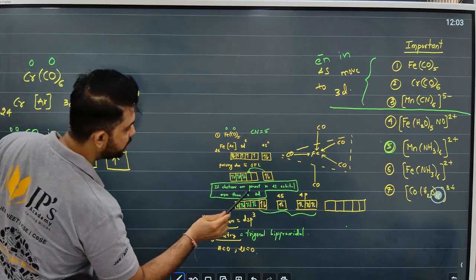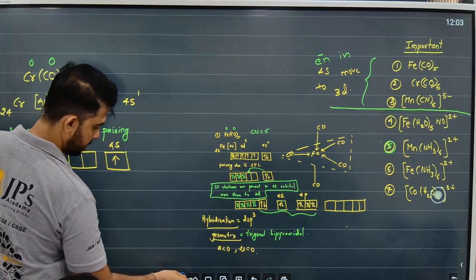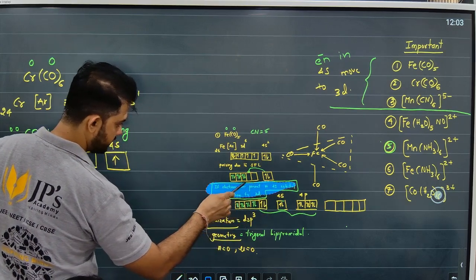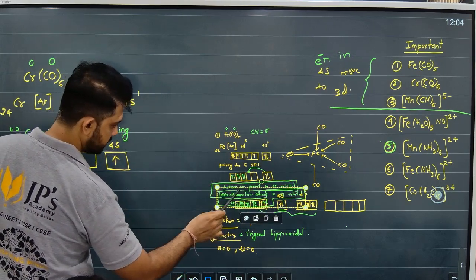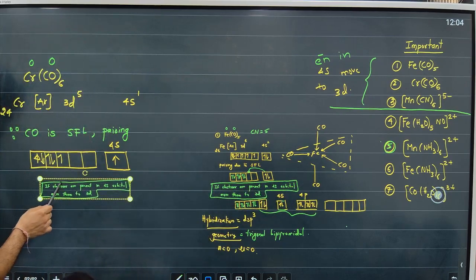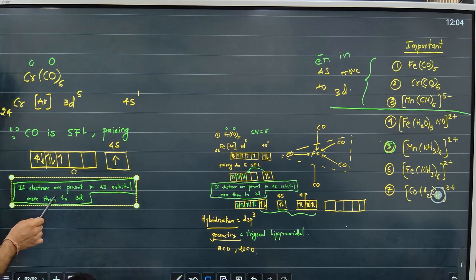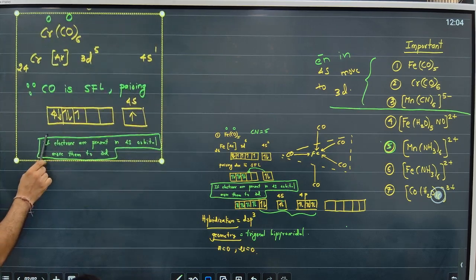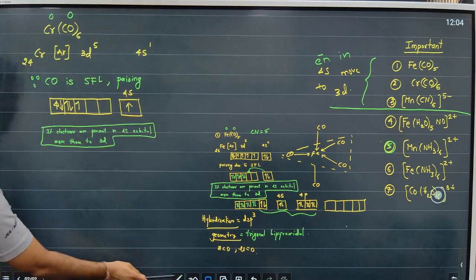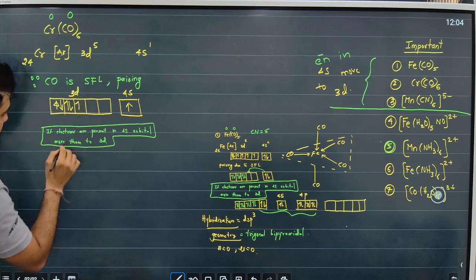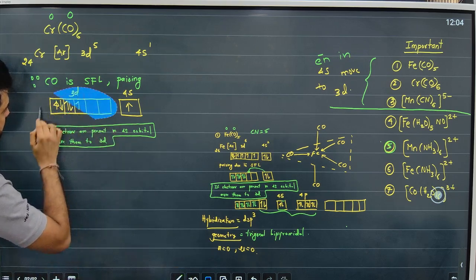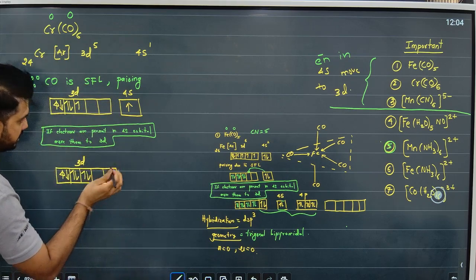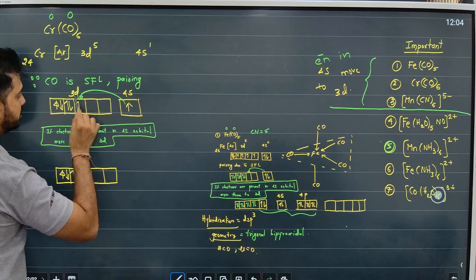Since there is electron in 4s, electrons are present in 4s. क्या करेंगे हम? Move them to 3d. Move किया, क्या मिलता है configuration of 3d का? This is 3d. This electron is now here.